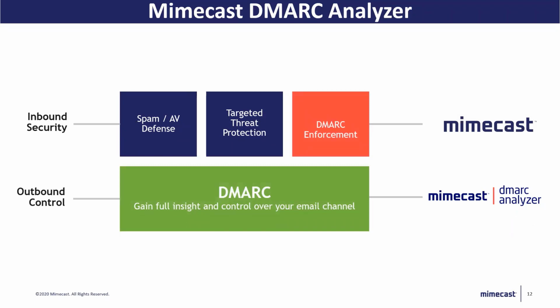As an email sender, Mimecast DMARC Analyzer delivers the visibility and controls needed to protect you from people spoofing your domain, people sending emails to your customers and your supply chain and people you deal with on a day-to-day basis for malicious gain.